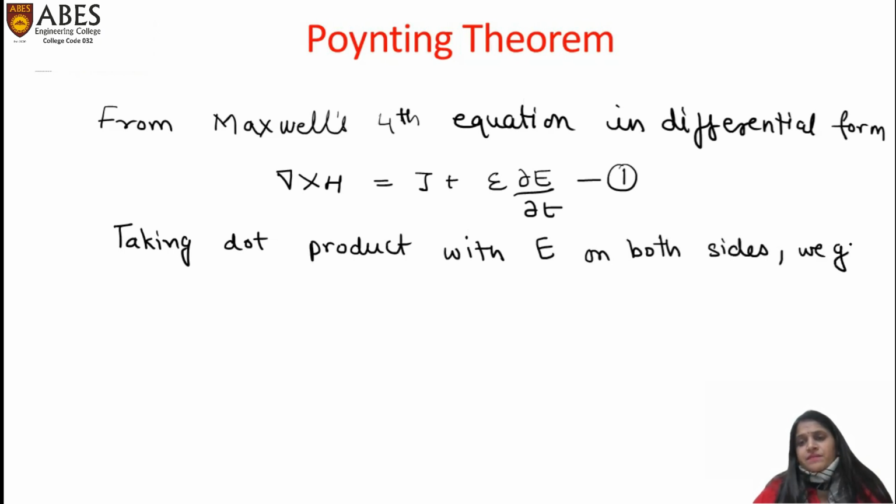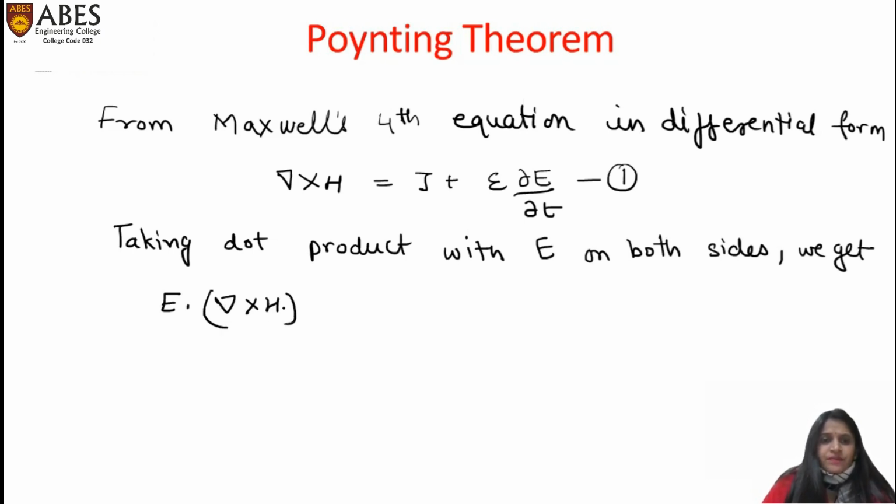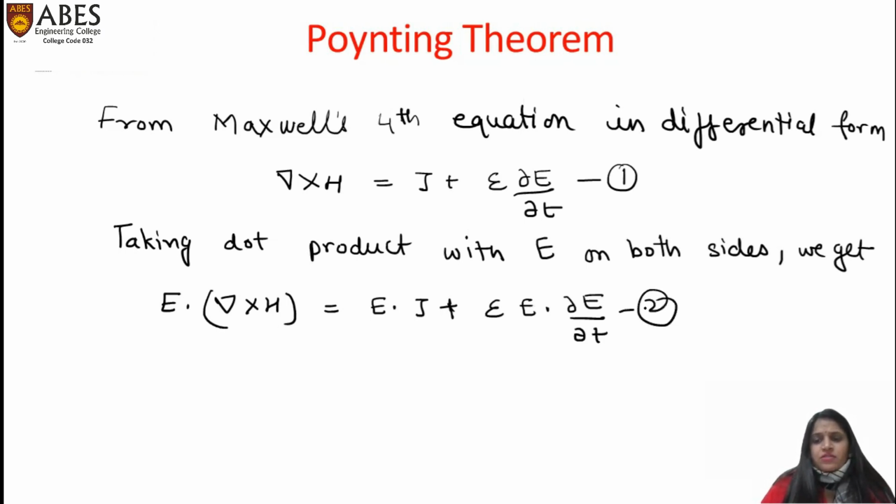What we get is E dot del cross H is equal to, so dot product on both sides, E dot J plus epsilon E dot del E by del T. This is equation 2. Now let us use a vector identity to solve the left hand side of equation 2.